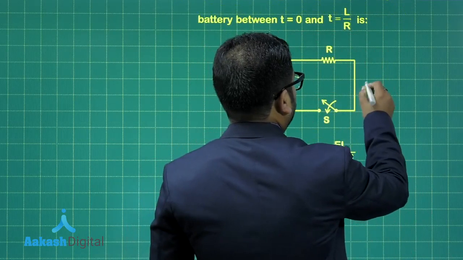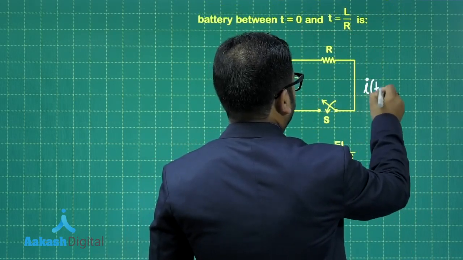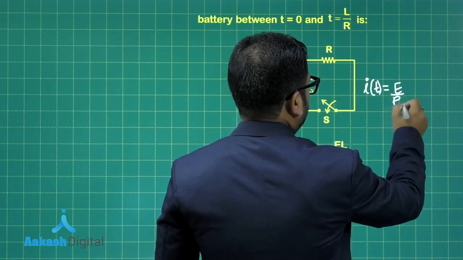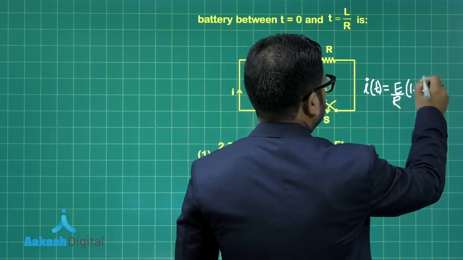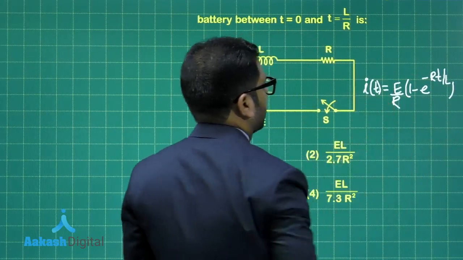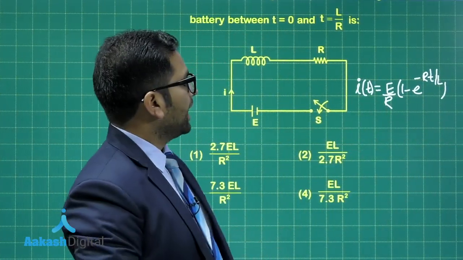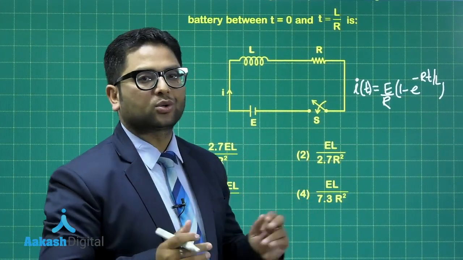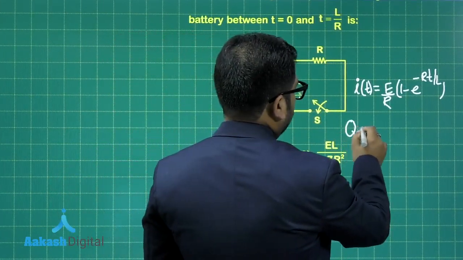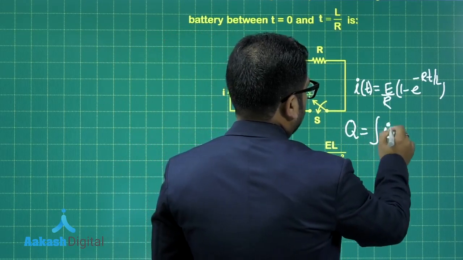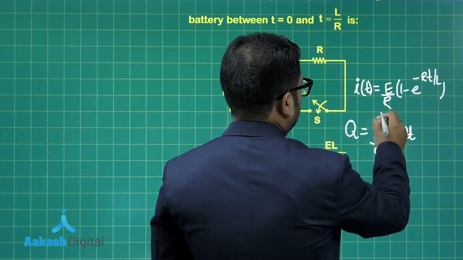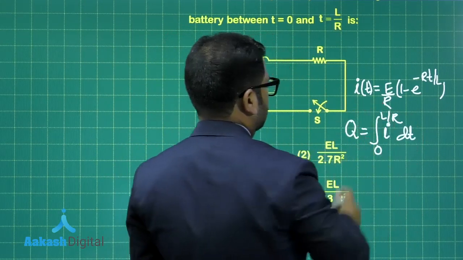You see, if I calculate I as a function of time, that is E by R times 1 minus e raised to the power minus Rt by L. That's a standard equation. And I require to calculate the total charge passed. So the total charge, if I denote it by Q, is going to be integral I dt, and the limit would be from 0 to L by R. This is how it goes.